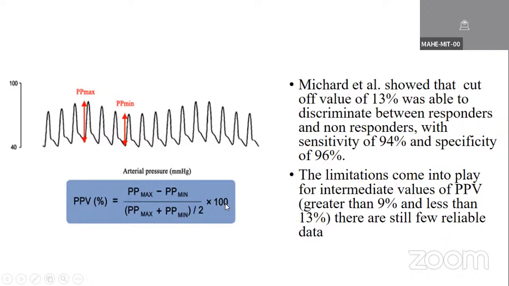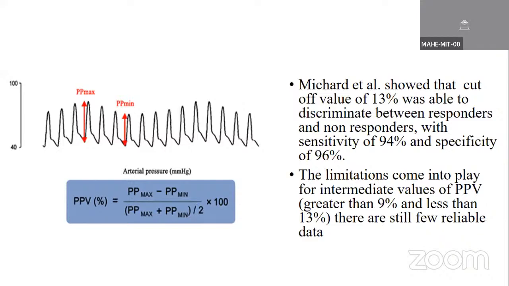Michard et al. showed that a cutoff value of more than 13 was able to discriminate fluid responders from non-responders with a sensitivity of 95% and specificity of around 96%. So for the extreme values, if the PPV is more than 13 or less than 5, less than 5 means the patient can be called a non-fluid responder, and more than 13 we can call a fluid responder.